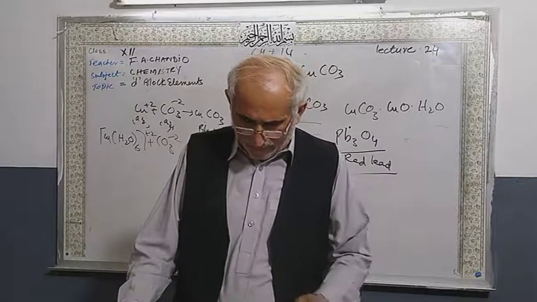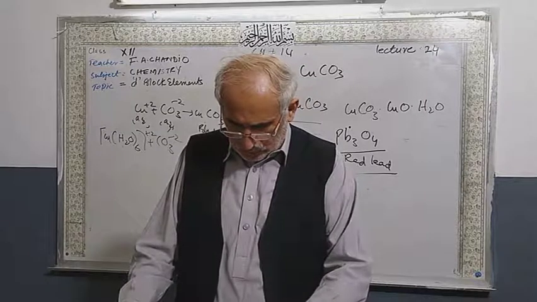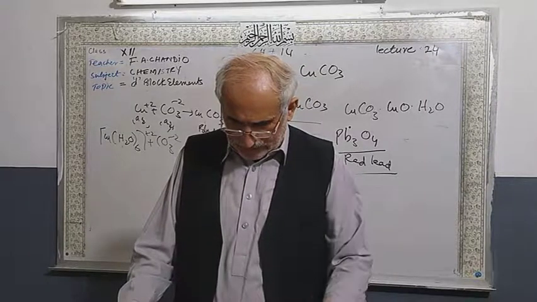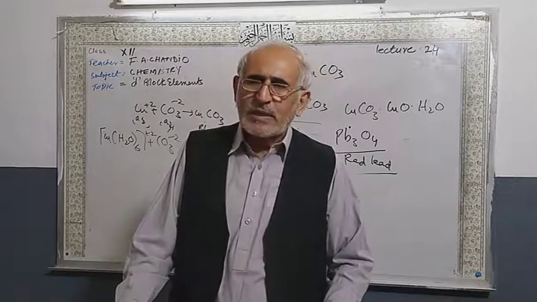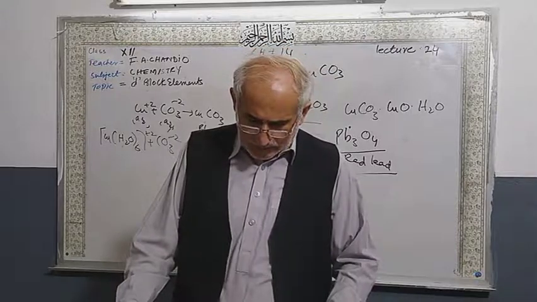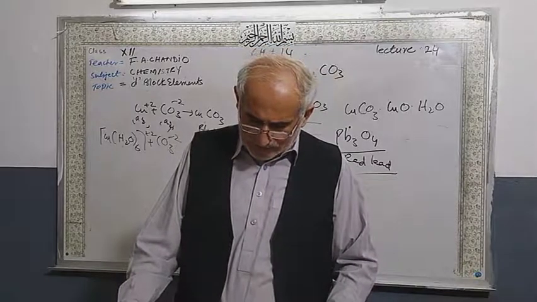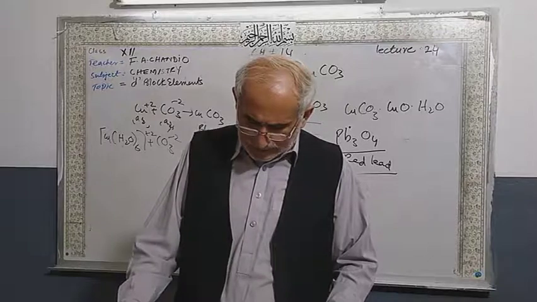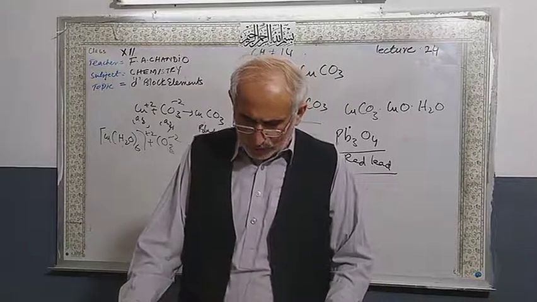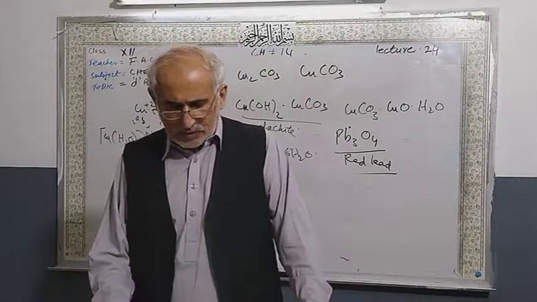Then 21 is biochemistry. Number 22 is industrial chemistry. 23 is environmental chemistry. 24 chapter is analytical chemistry.